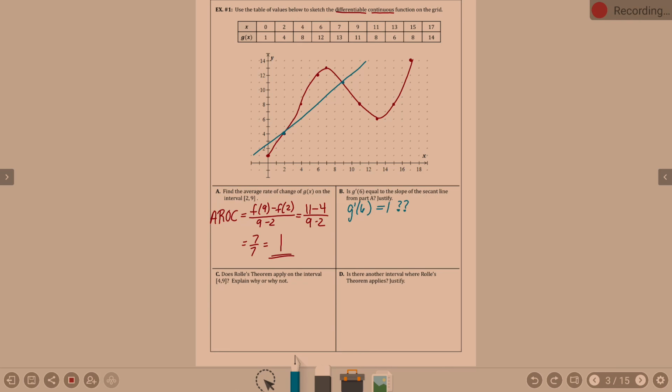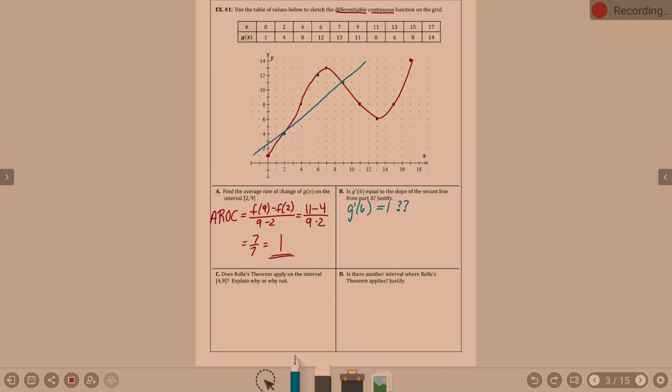To me, it looks like it on my graph. How do you find g prime of 6? It's the tangent line. So you did need to draw that line. No, you didn't. This is where my graph is bad in just the wrong spot. Oh well, we're going to make it work.